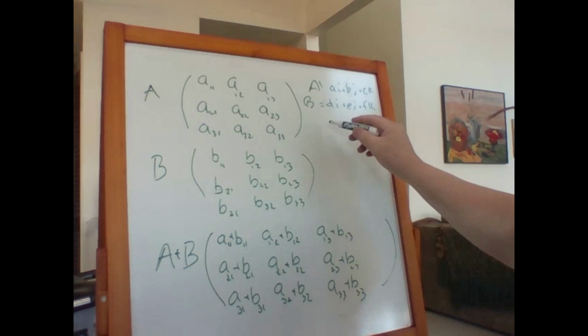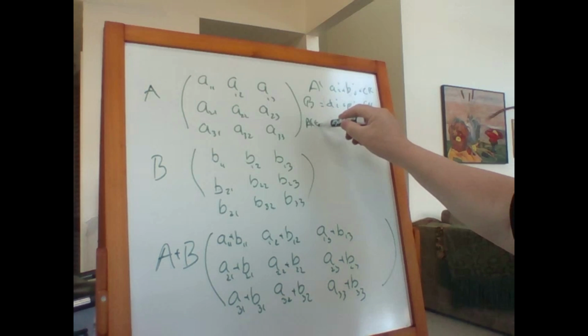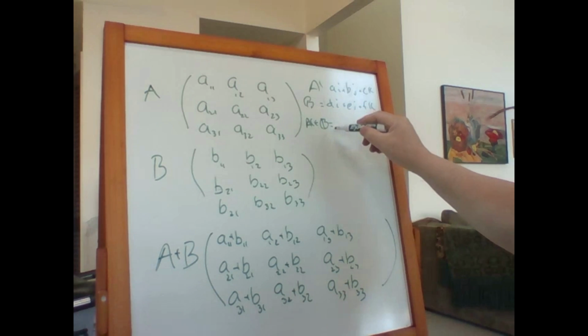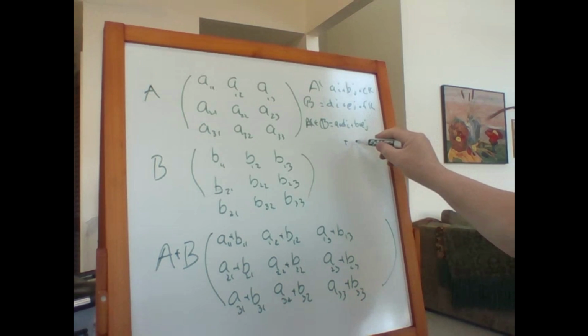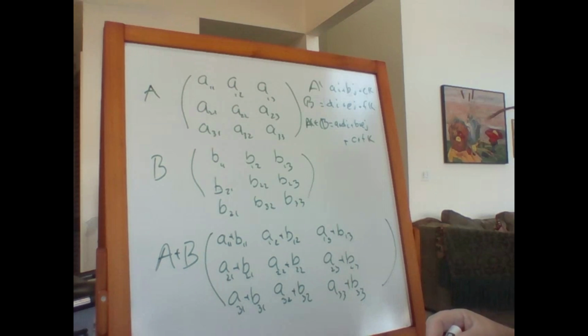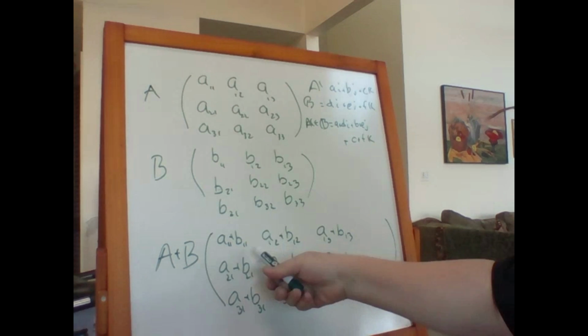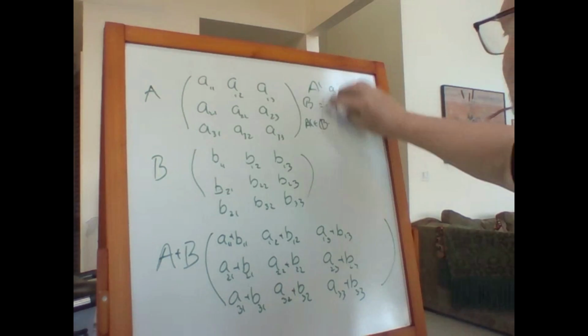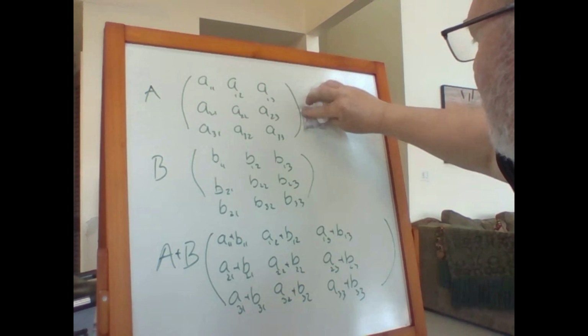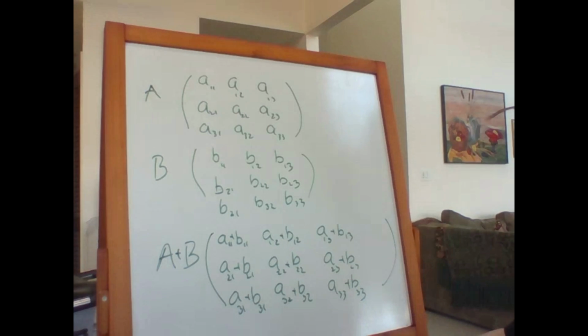All right, so A plus B equals (A plus D)I plus (B plus E)J plus (C plus F)K. So we have to add like components. That's similar to matrix math, and that's why in some cases vectors are represented by matrices.